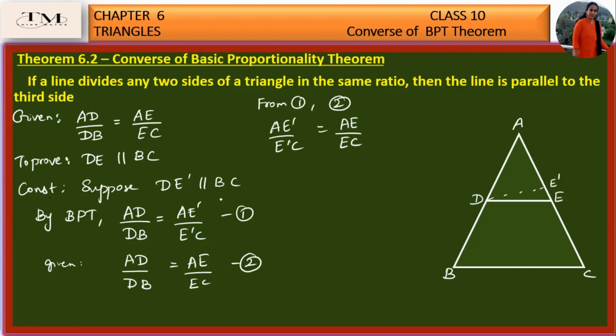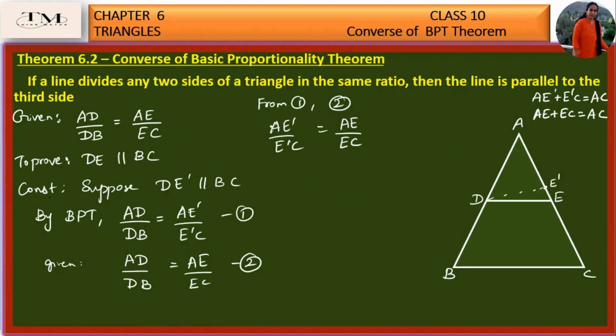Okay. Here if we check, AE dash plus E dash C, if you add AE dash and E dash C, you will get AC. In the same way, if we add AE and EC, AE plus EC will be equal to AC.